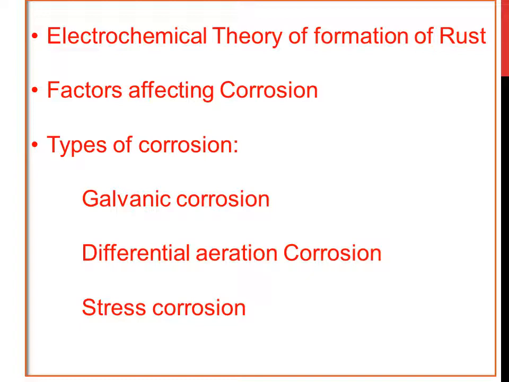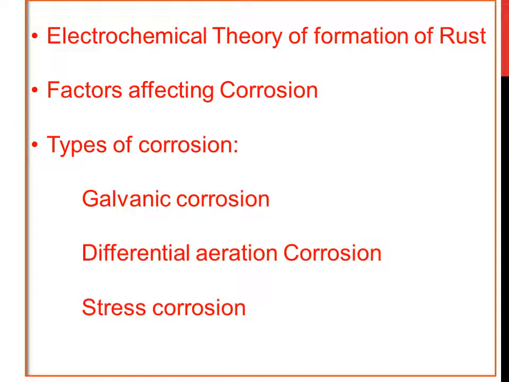Here the less aerated or less oxygenated part always behaves like anode, while the more oxygenated part behaves like cathode and is unaffected by the corrosion process. The area which has less oxygen supply readily undergoes oxidation and liberates electrons, and the more oxygenated area consumes oxygen for the reduction process and acts as cathode.